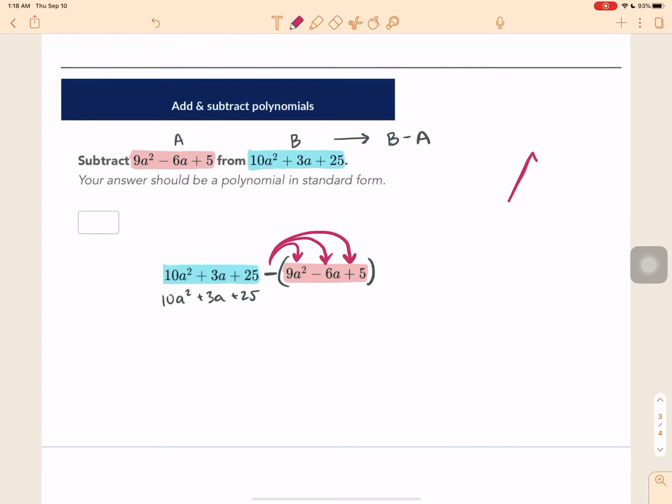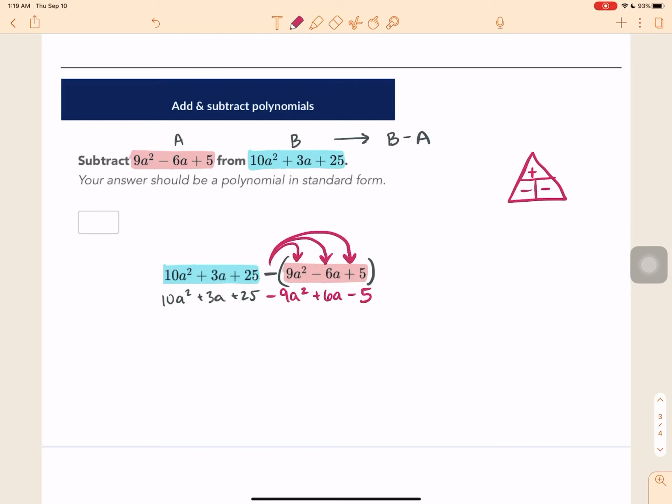Again, if you want to draw this little cheat here, to help you visualize, a negative times a positive: if you cover up the negative and a positive, you're left with a negative. So we have a negative 9a squared. A negative times a negative is a positive. So we have a positive 6a. And then again, a negative times a positive is a negative. So we have a negative 5.